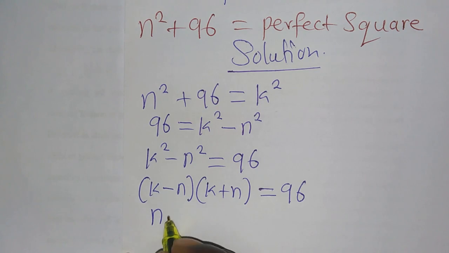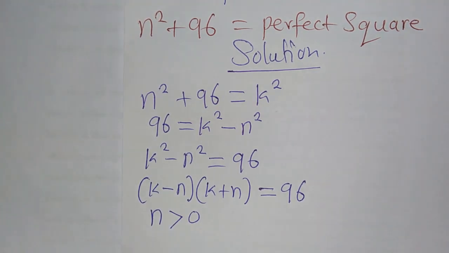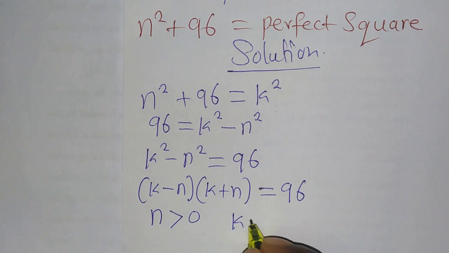Therefore, n is greater than 0. And looking at the equation very carefully, our 96 here is positive. This implies that k is greater than n.